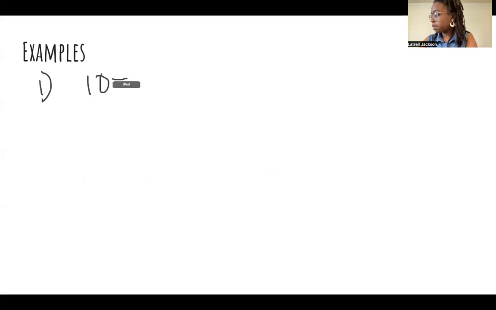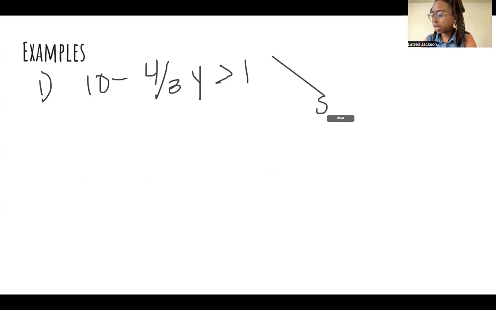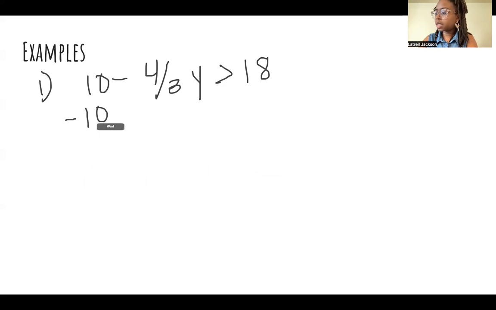So we have 10 minus 4/3 y is greater than 18. All right, so first step is to subtract 10 on both sides since 10 is positive, and we want to isolate the variable.